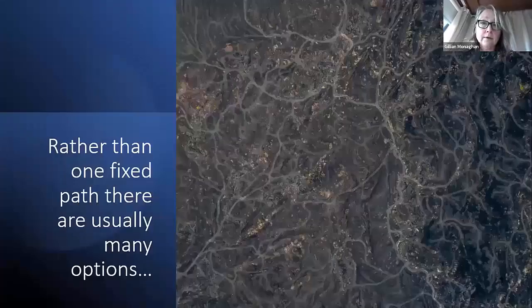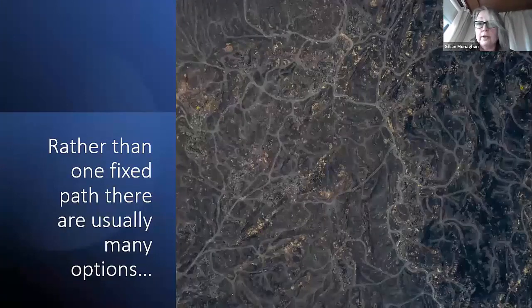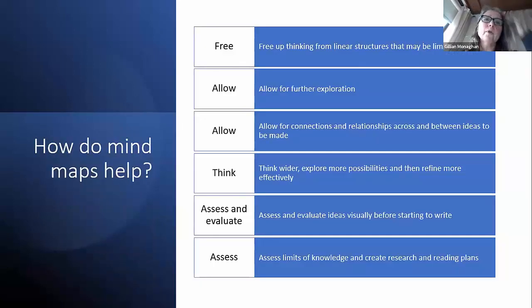However, rather than one fixed path, there are usually many different options and lots of different paths that you can travel on. So how do mind maps help you then? They can free up your thinking from those linear structures that can be limiting. They can allow for further exploration.